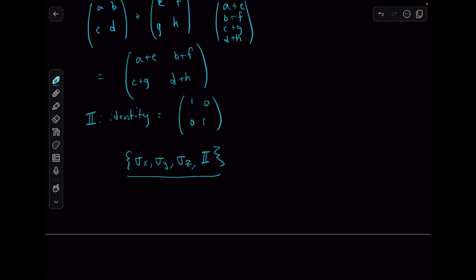We can imagine that we have three axes in 3 dimensions, and each axis corresponds to one of these bases. So we could have a z-axis, x-axis, and a y-axis.